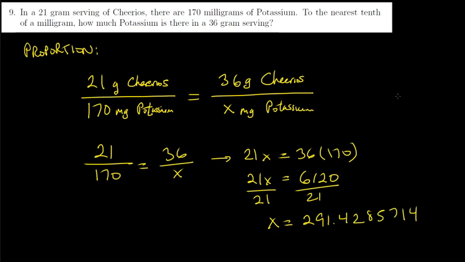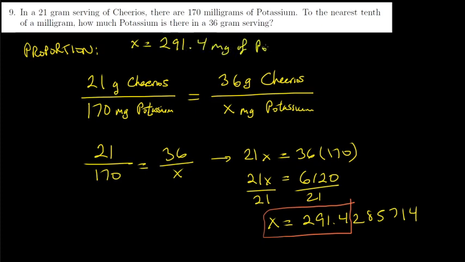But we're rounding to the nearest tenth of a milligram, so that means we can cut this off at 1 decimal place. I mean, you would have to round, but the 2 doesn't round up, it rounds down. So 291.4. So how many milligrams of potassium are there? 291.4 milligrams of potassium. If I can spell it right.